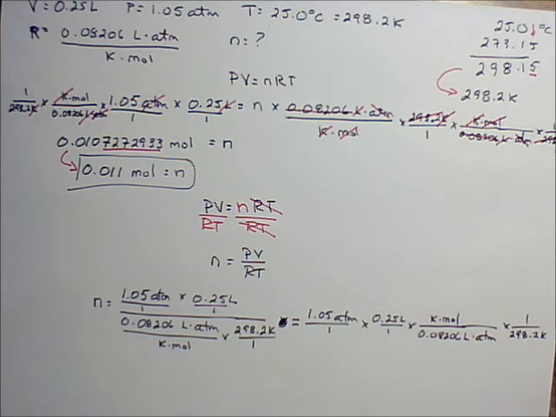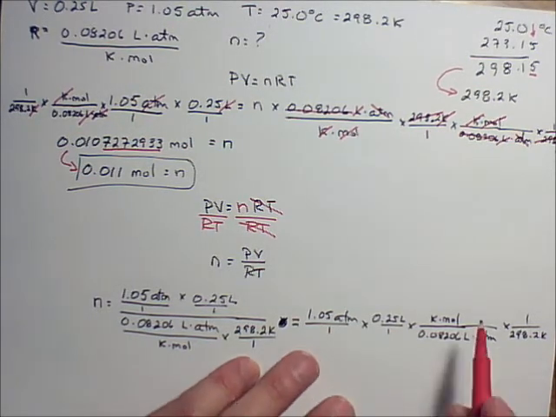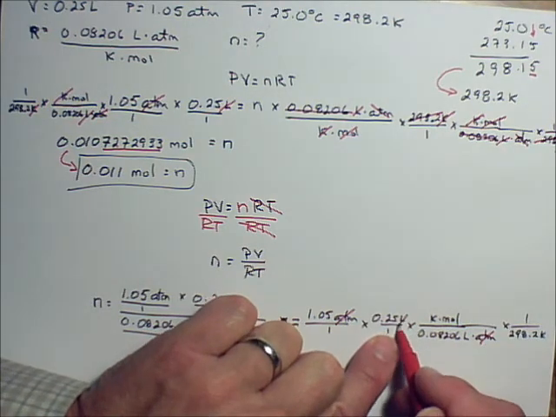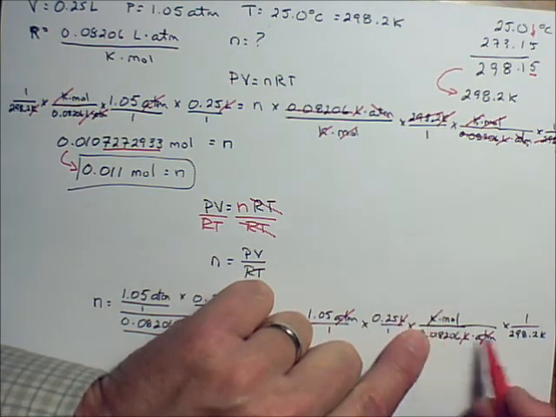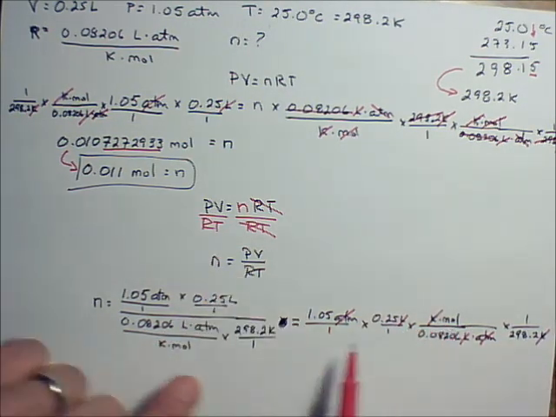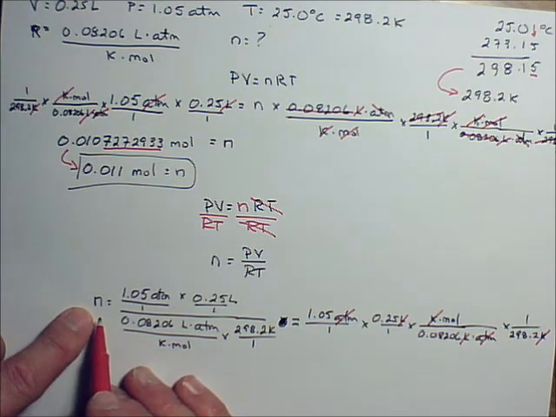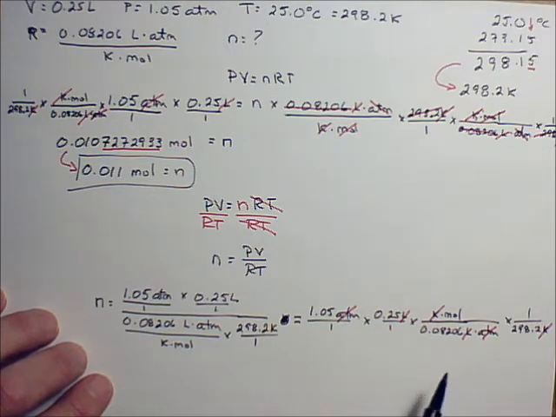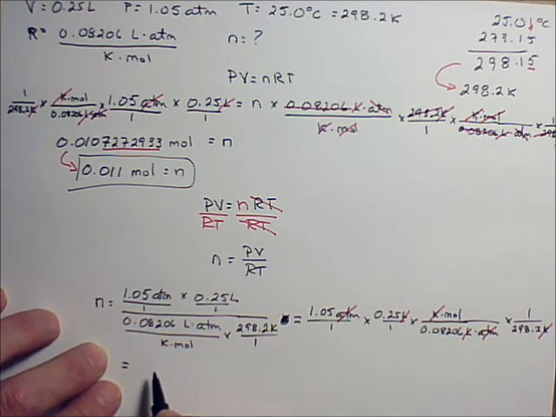No. Because I want you to make sure that you've got all your units of measurement right. So here we have the atmospheres canceling, liters cancel, Kelvin cancels, and I'm left with moles, and I'm looking for moles because I'm looking for the amount of substance. So we're going to plug this in there, and we're going to get the same answer.